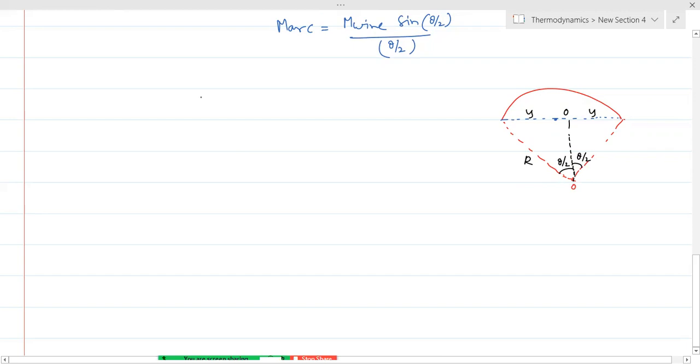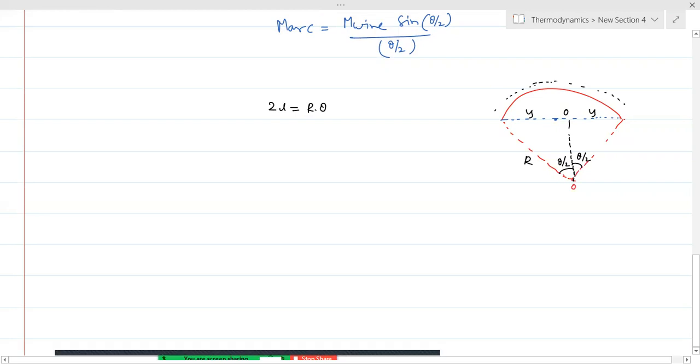First we take the length of the arc, that is 2L equivalent to R into theta, and R is equivalent to 2L by theta.